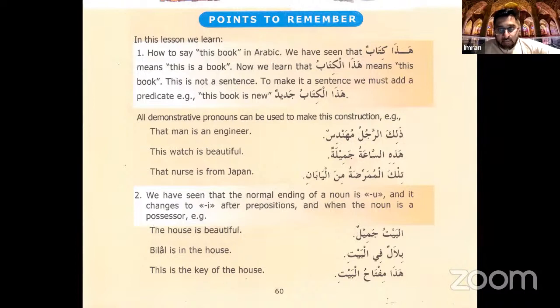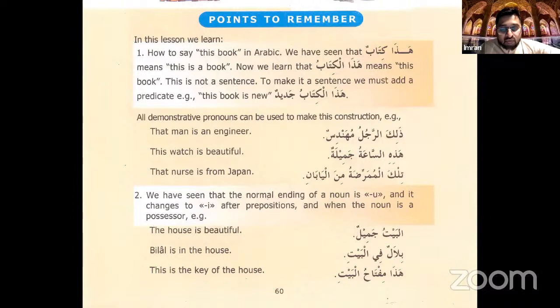Now, in the second example, Bilalun fil bayti, it literally means Bilal in the house. The Arab grammarians have taught us that whenever fil bayti, which means in the house, comes, it will be treated as the khabar for Bilal, meaning the information we are providing for the listener about where Bilal is located.